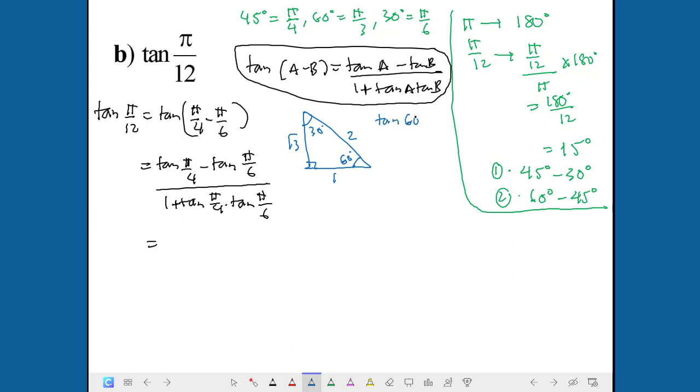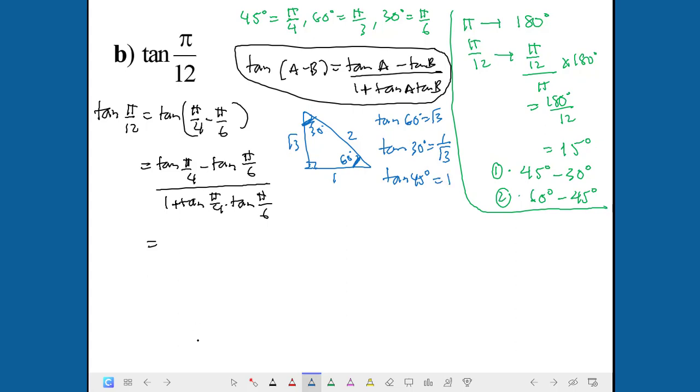Tangent 60 is root 3 over 1, and tangent 30 is 1 over root 3. What else? Oh, tangent 45, we remember, is 1.